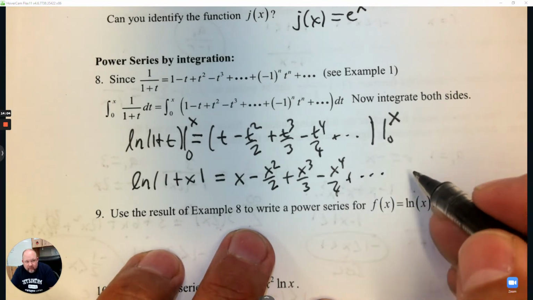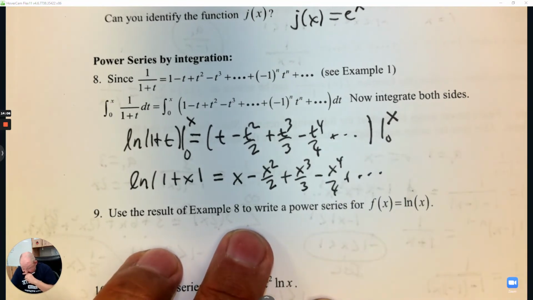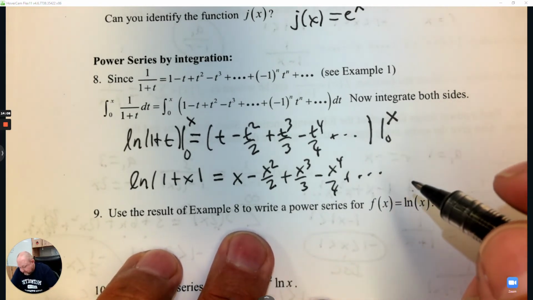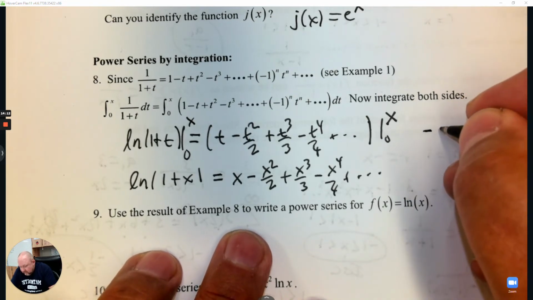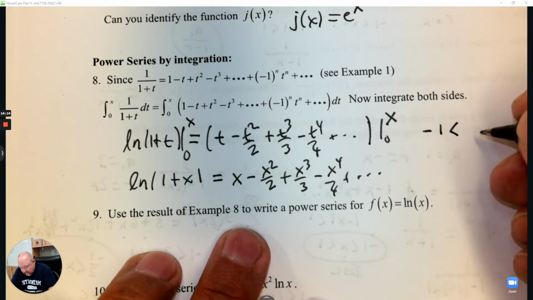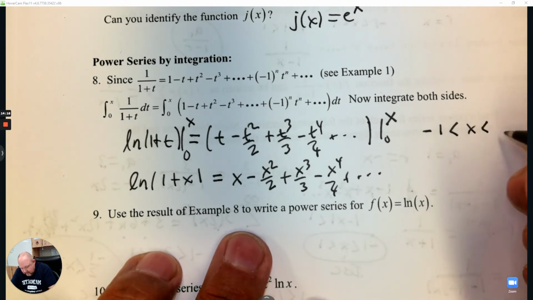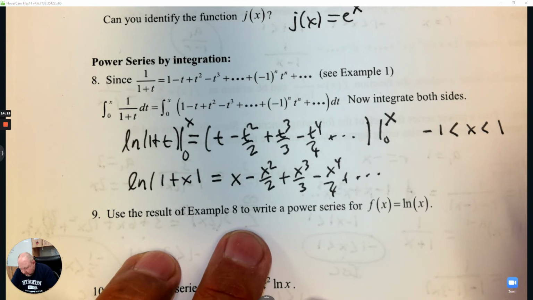When I plug in 0, subtract, it just gives you 0, so I don't need to subtract 0. And this is true when the interval of convergence is between -1 and +1.